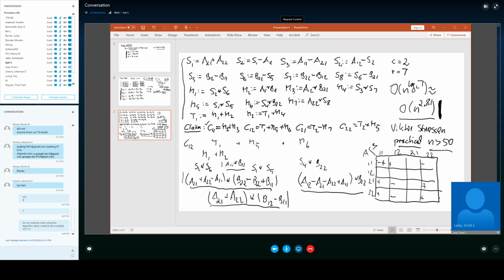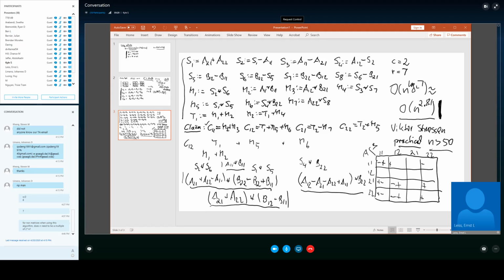Then I have to do the A21 and the A22. So these are these two rows with B12 and B11. So A21 and A22 with B12. This is a plus and this is a plus. And then I have B11, but with a minus, because this is minus B11, so I have a minus and a minus here. And so I got those.